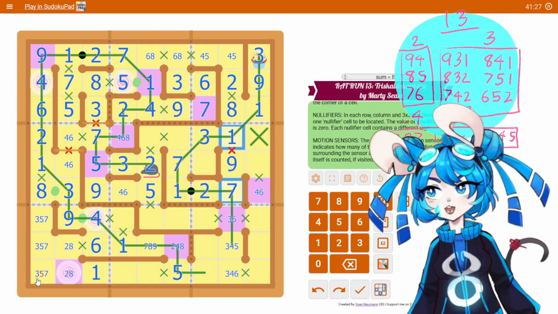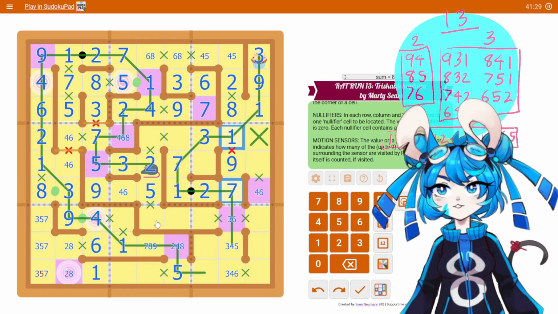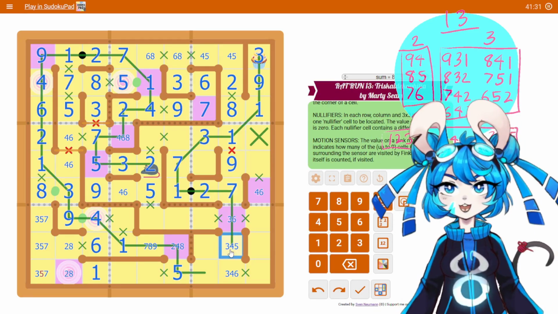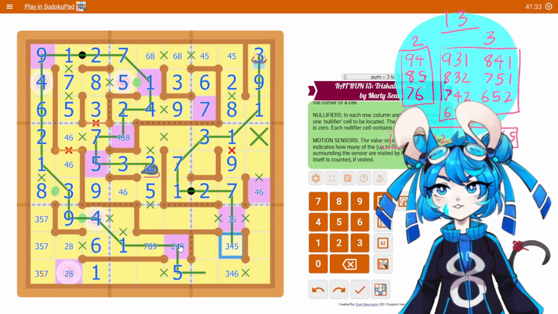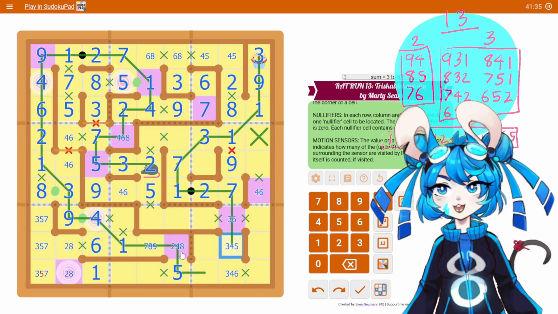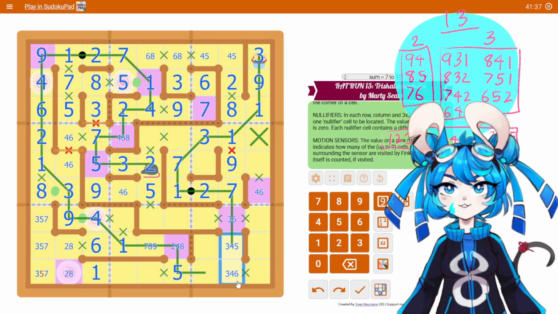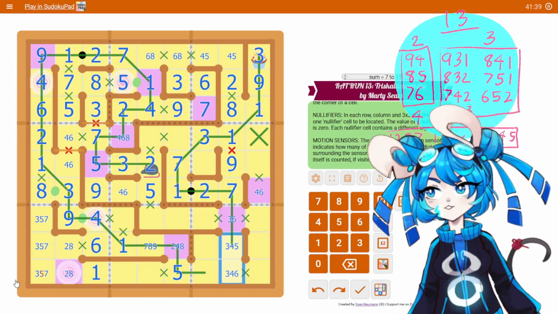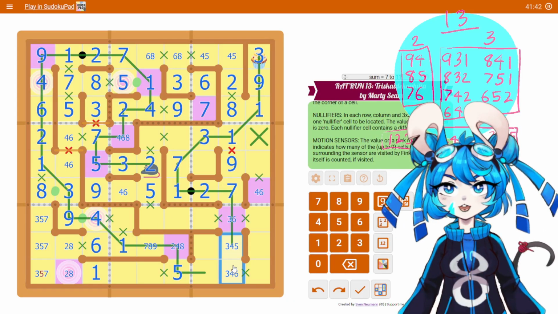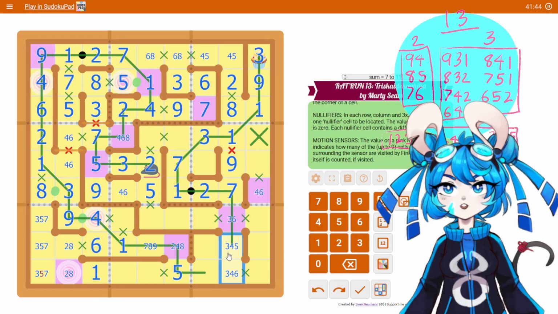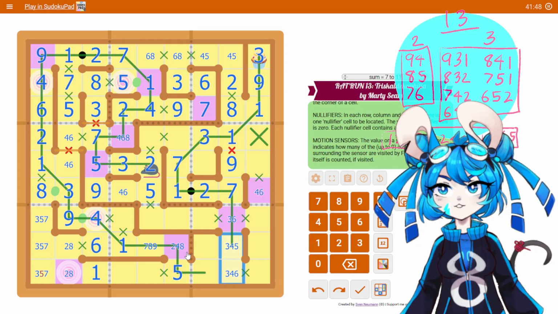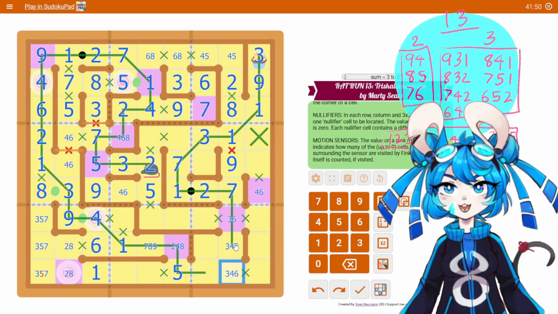This has to be 7, 1. Does it have to be 7, 1, 5? Unless it visits also this cell. But that's too many. It would have to be 7, 1, 2, 3. And there's no 2 down here. So it can't visit this cell.